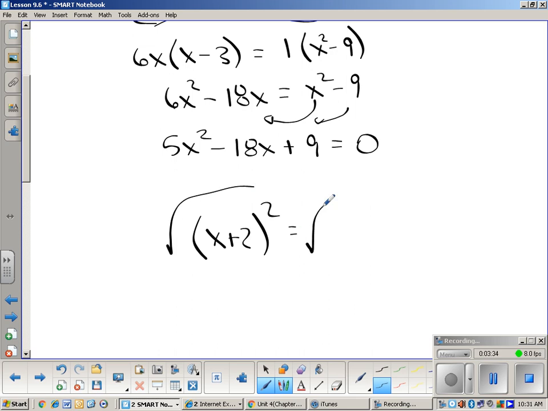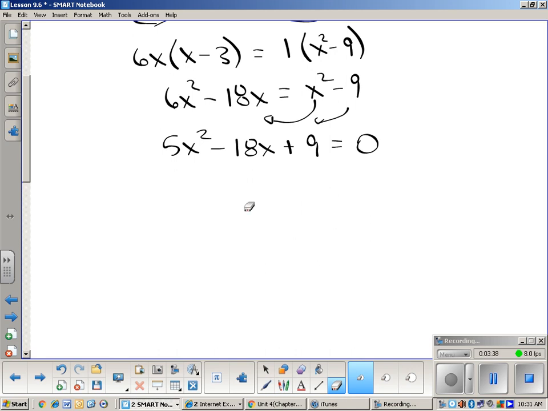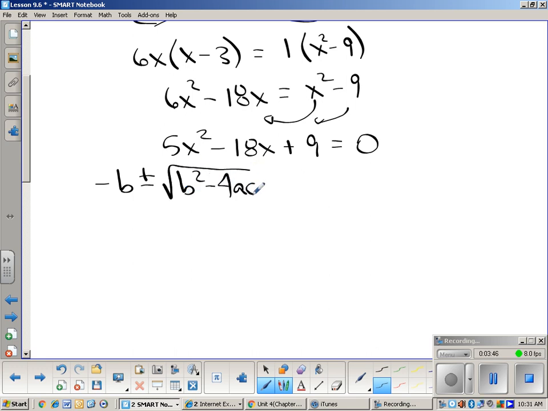But that doesn't work in this situation. The quadratic formula is the opposite of b plus or minus the square root of b squared minus 4ac, all over 2a, right? To be honest, that's how I would solve this one.